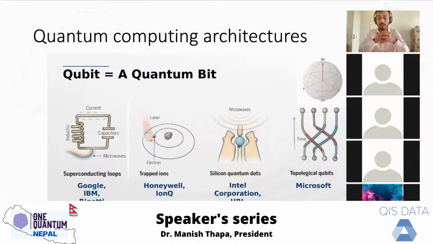If you are able to manipulate your qubits extremely well, you will be able to manufacture a quantum computer that outperforms classical computers. So it all comes down to how well you can control your qubit.